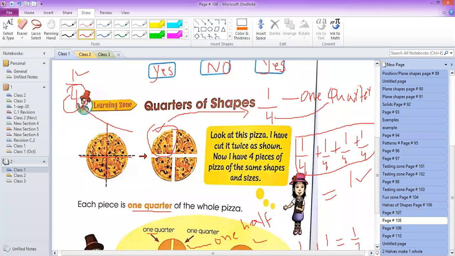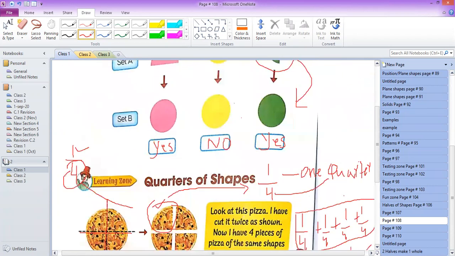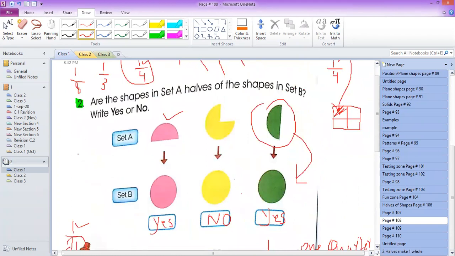So each part will be called one quarter. If we divide into two equal parts, each part is called one half. But if we divide any shape, anything, into four equal parts, each part will be called one quarter. How do we write one quarter, guys? We write one quarter like 1 over 4.